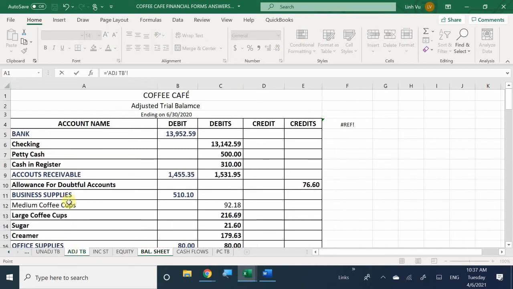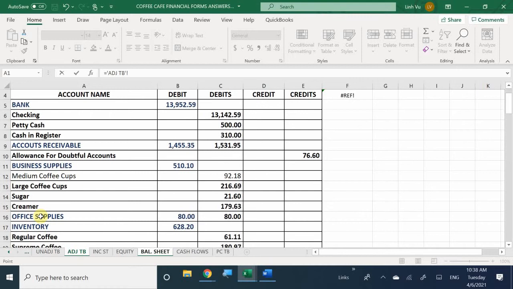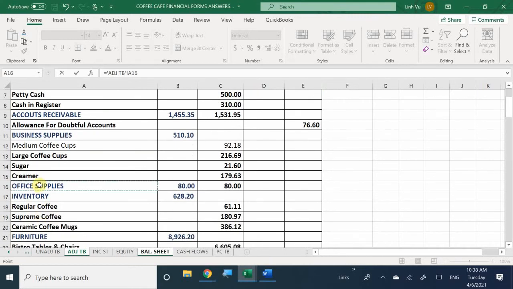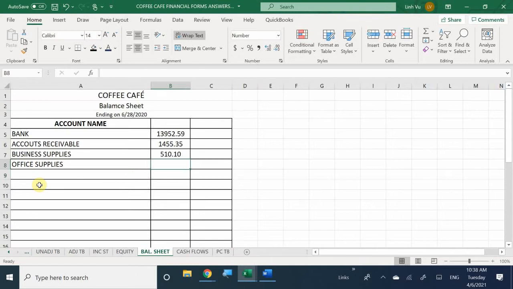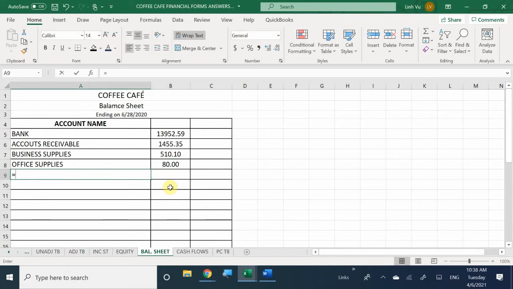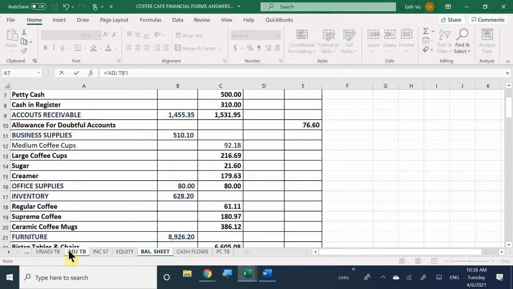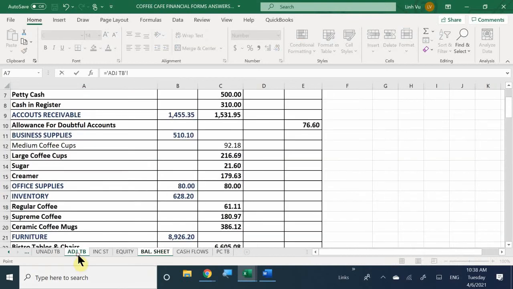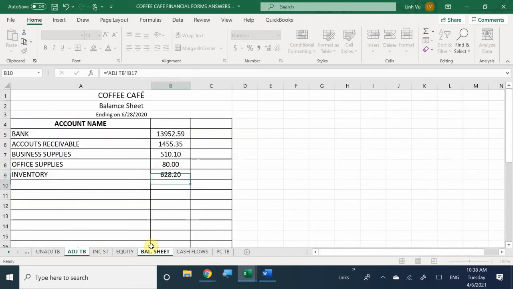Next account: office supplies, for $80. Inventory for the total of $628.20.